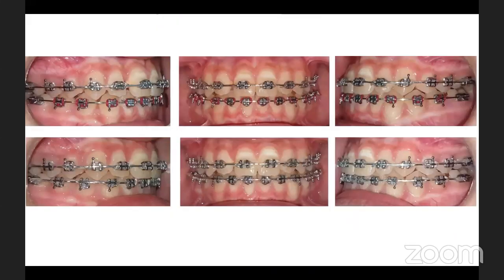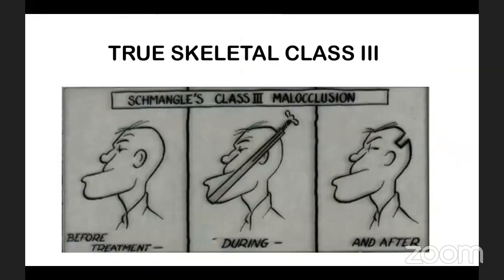Okay, so with that we conclude our pseudo class 3 session, and now we will go on to true skeletal class 3s. This is a little more complicated than pseudo class 3s, because here the problem is more skeletal than dental, and almost all the treatment that we render would be bracketed under the realms of camouflage.